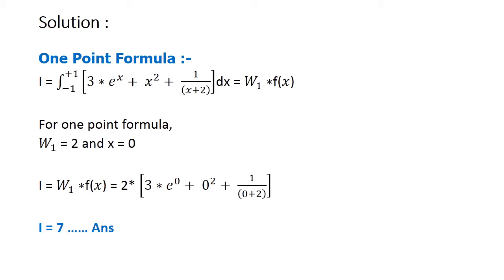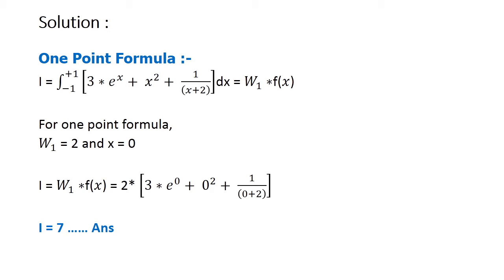Therefore, we will substitute w1 is equal to 2, while f of x, we can observe from the very beginning equation, f of x is equal to 3 e raised to x plus x square plus 1 upon x plus 2. In the case of the one point formula, we have to consider the value of x as 0. Therefore, we will put the value of x into this equation.